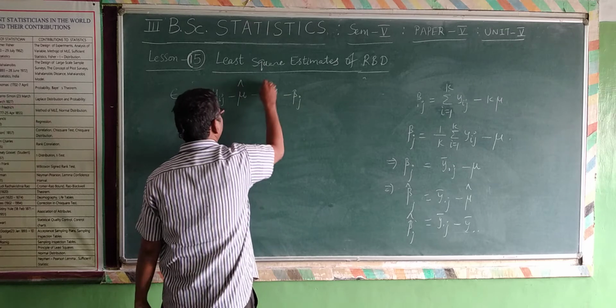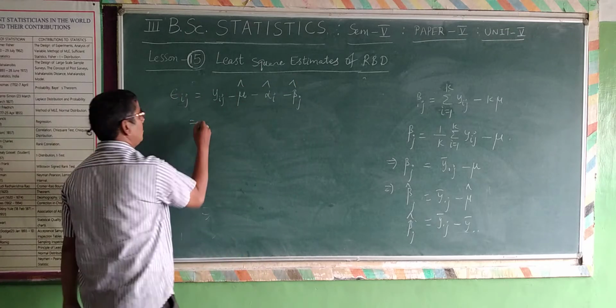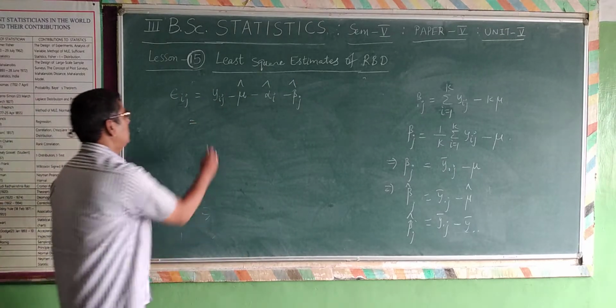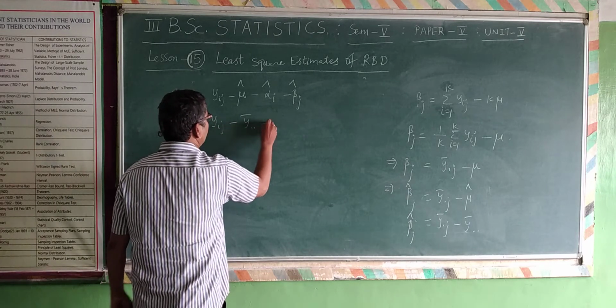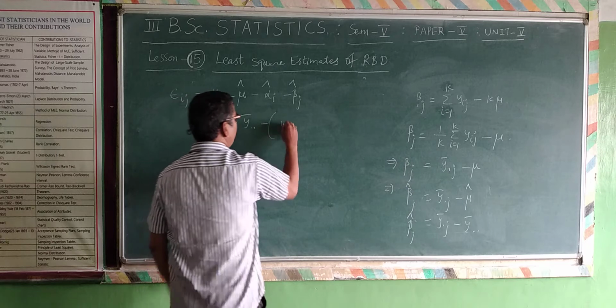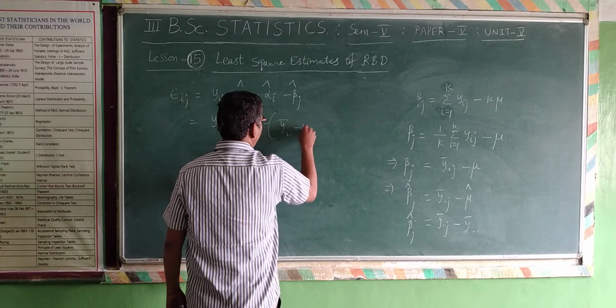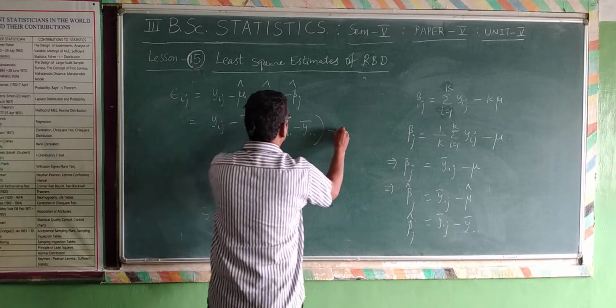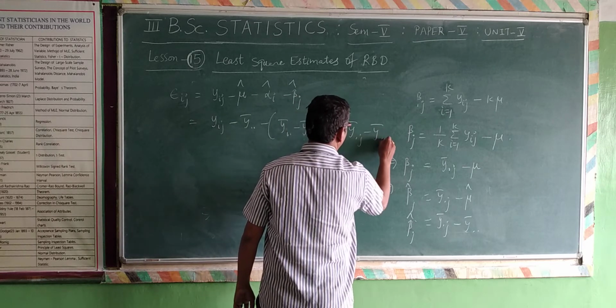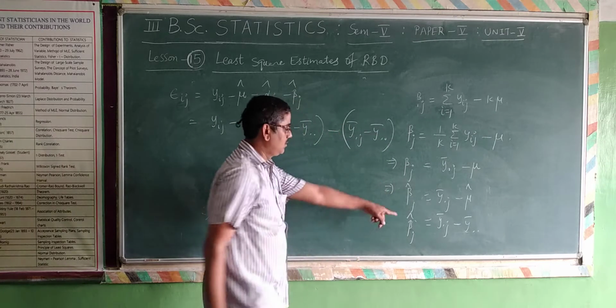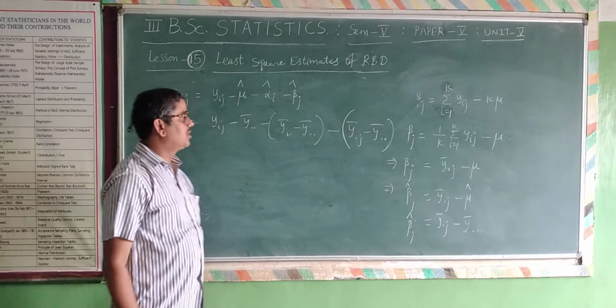The estimate is yij minus mu cap, which is y bar dot dot, minus alpha i cap, the formula we have calculated, y bar i dot minus y bar dot dot, minus beta j cap, y bar dot j minus y bar dot dot. This is the estimation for beta j.